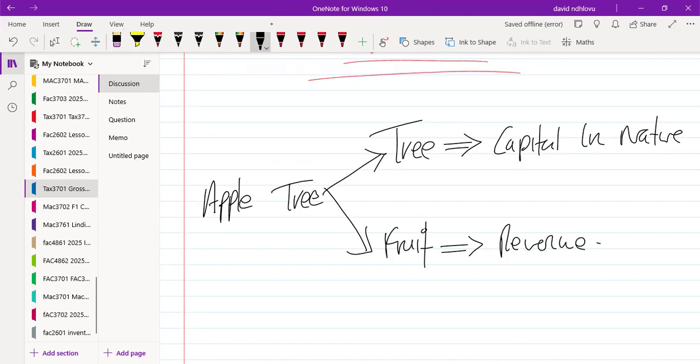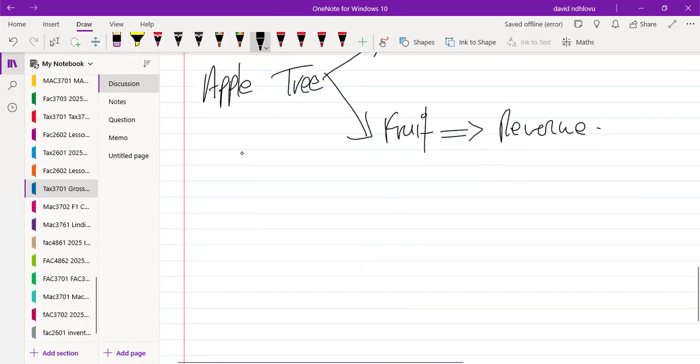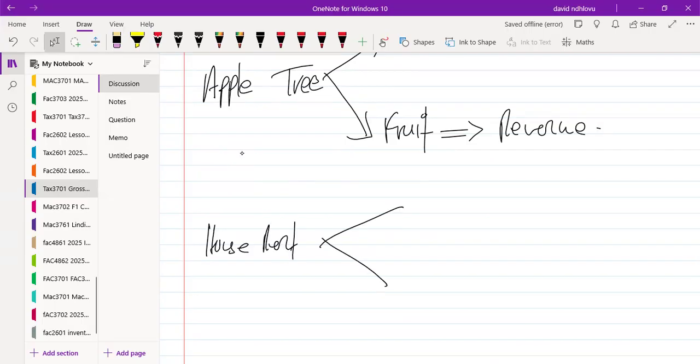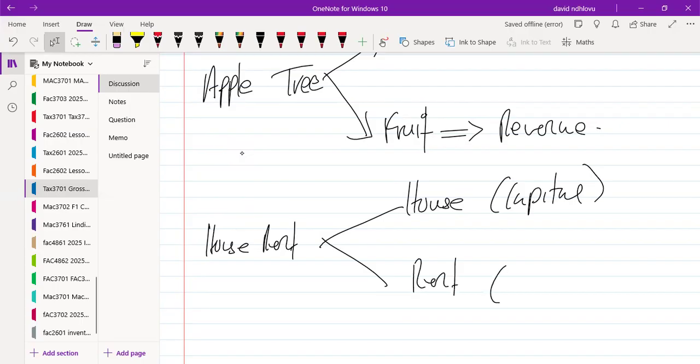For example, let's say you have a house that you rent out. The house itself is a capital receipt. If you sell it, it will give you a capital receipt should you decide to dispose of it. Then the rent represents revenue.